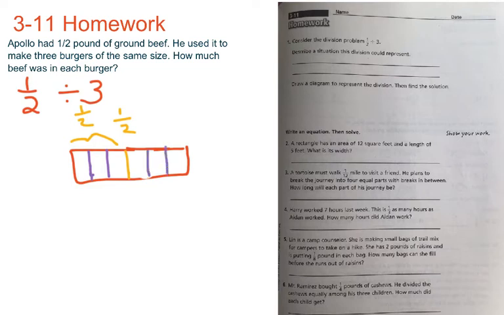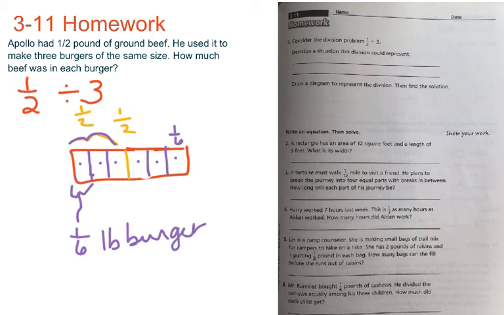And then I can see that I have 6 equal pieces in one whole. 1, 2, 3, 4, 5, 6. Well, I'm only working with 1/2 of that whole here. So if I know that there's 6 pieces, each one of these pieces is 1/6. So I can see here then that each person is going to get 1/6 a pound of burger. And that would be how I could create my drawing.